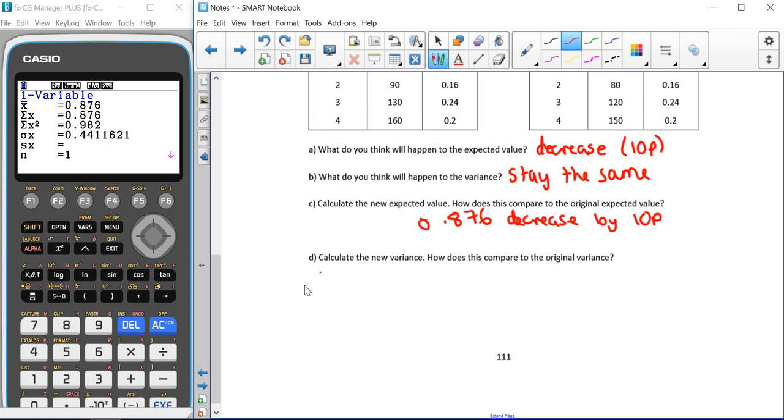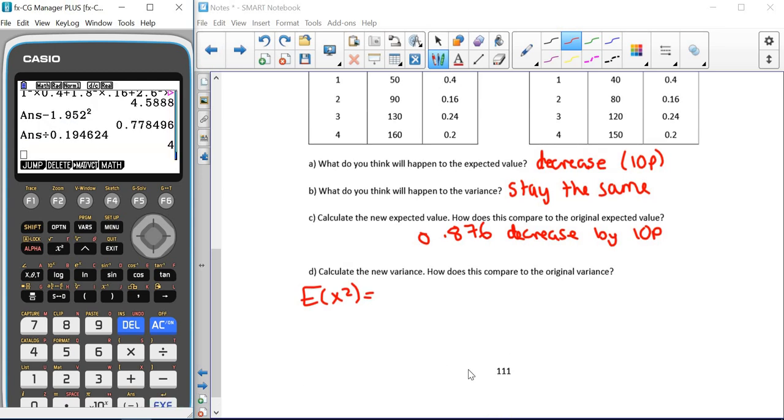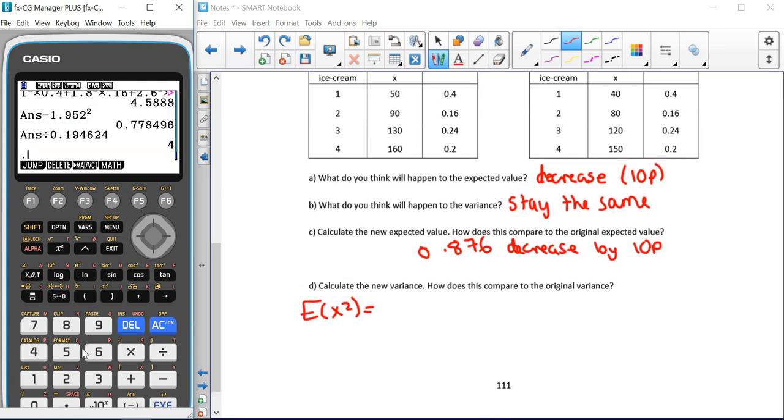Let's have a look at what happens with the variance. So remember that we need to have E of X squared to start off with. So if I go back into my normal calculator bit, I'm going to have 0.4 squared times 0.4 plus 0.8 squared times 0.16 plus 1.2 squared times 0.24 plus 1.5 squared times 0.2.